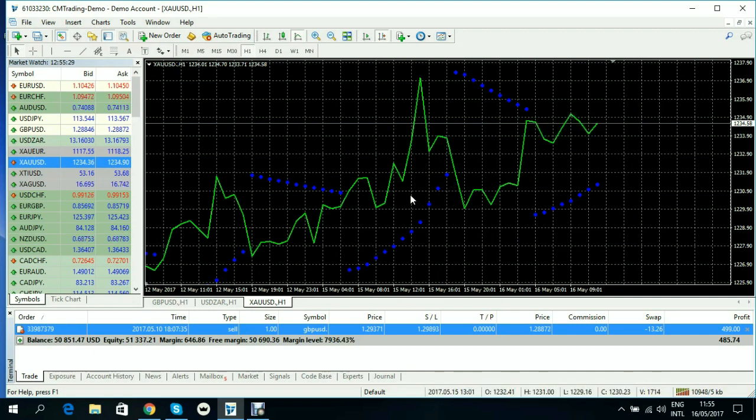I will explain them as to how they work or how they help us in terms of support, resistance, trend reversals, and all that. The Parabolic Sar dots help us to determine where a trend might end with possible reversal points.